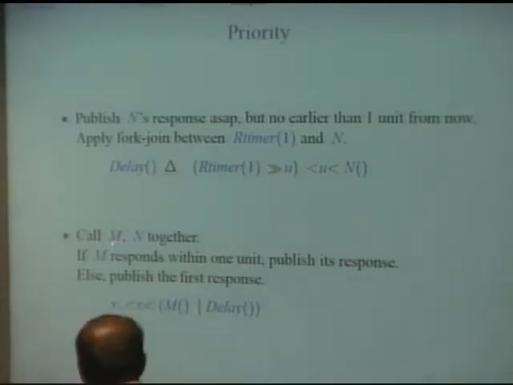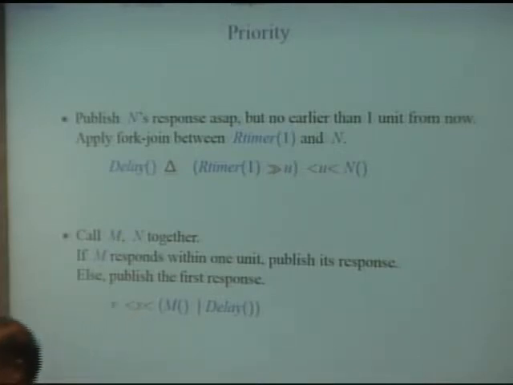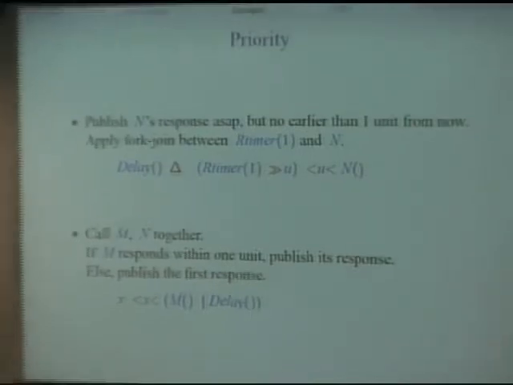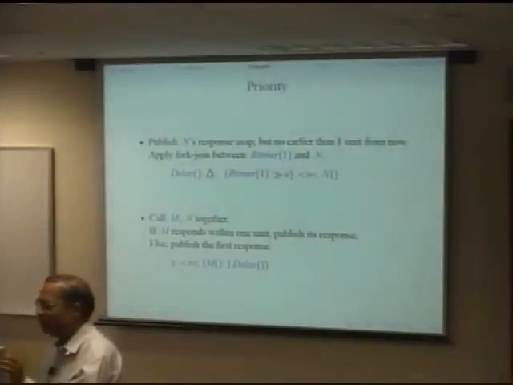Well, I want to solve this problem where I call M and N together. If M is my favorite site, let's say M and N are airlines, American and Delta. Let's say I like American, which is not true, but let's assume that for the moment. And I want to give a little extra to American. So I'm going to wait for 10 minutes.